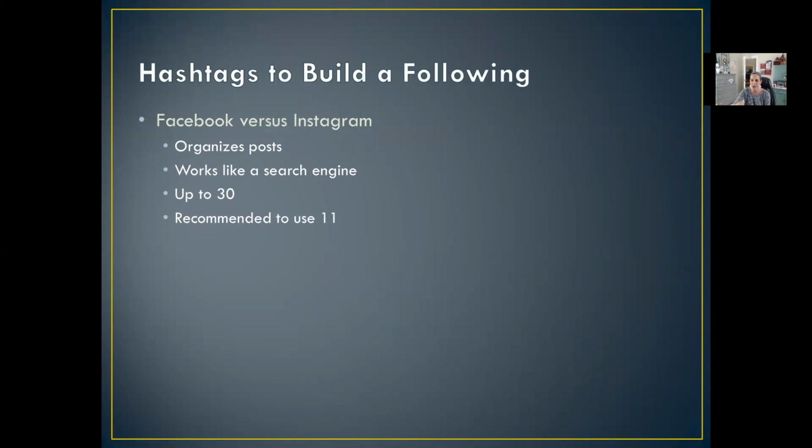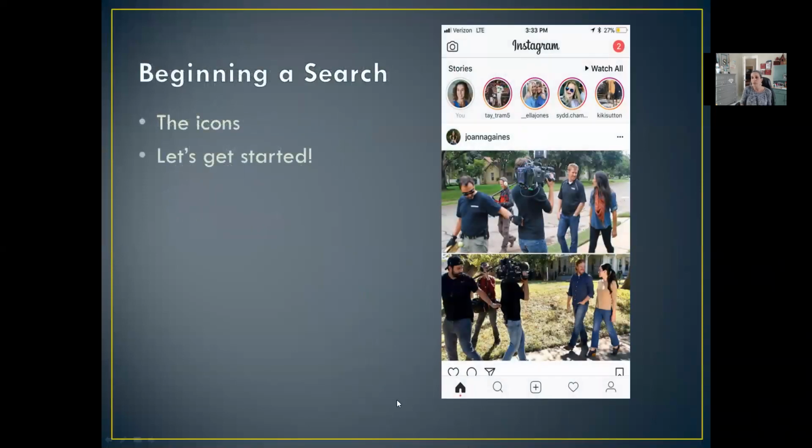In that way, people can go into Instagram and actually search for posts. Now, Instagram will let you use up to 30 hashtags, but it is recommended by the experts that you use on average 11.